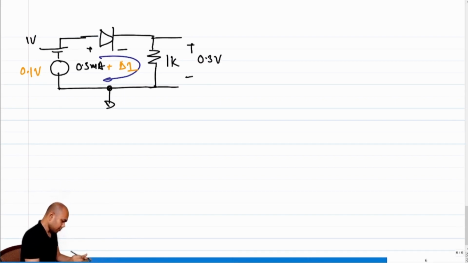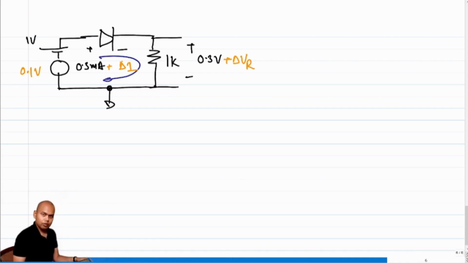But I am asking what is the extra delta V, the extra delta VR, the voltage across the resistor? We know the conditions under the black inputs.